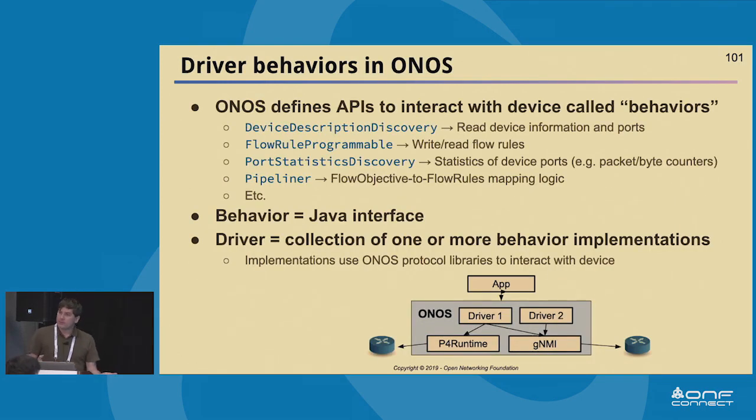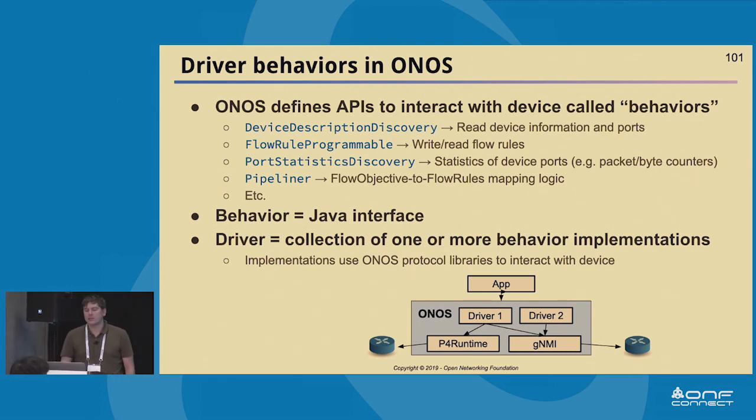I talked about drivers, so I want to clarify what I mean by driver in ONOS. ONOS defines a set of APIs to interact with devices, and we call these APIs behaviors. Examples of behaviors are device description discovery, flow rule programmable, port statistics discovery, and the pipeliner. These APIs are used by ONOS, for example, to read device information and ports, to write and read flow rules, to get statistics of device ports in terms of port counters, or to map a flow objective to a collection of flow rules.